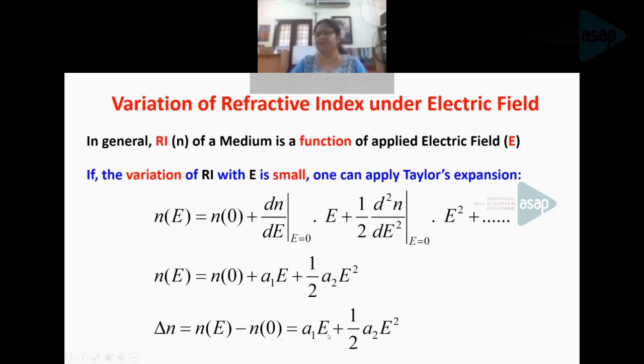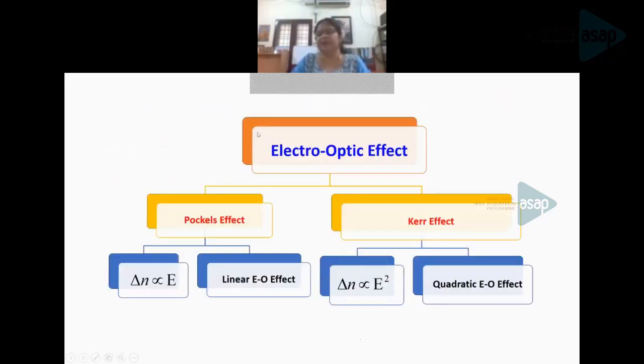So here you can see that there are two terms. One is linearly related to the field, and the other, the second term, is quadratically related. So based on this, the electro-optic effect can be classified into two. One is the Pockels effect and the other is the Kerr effect.